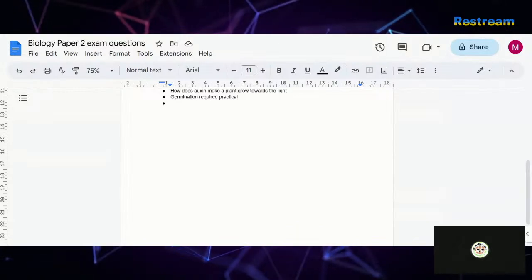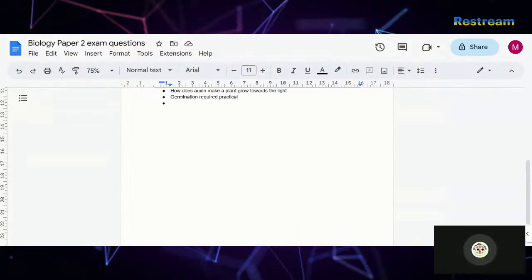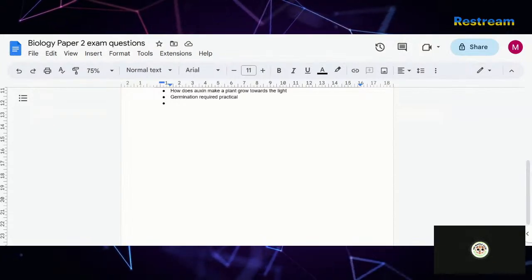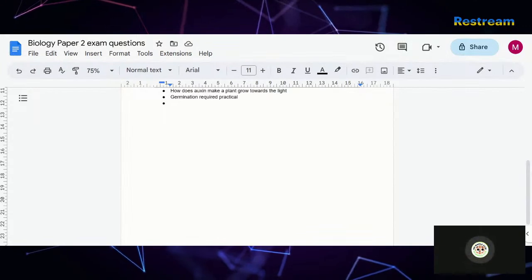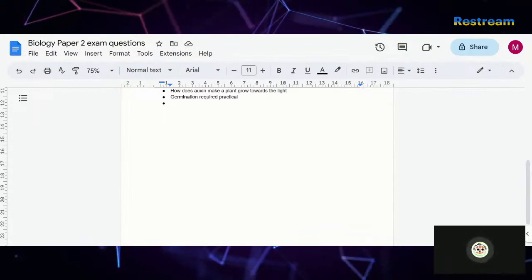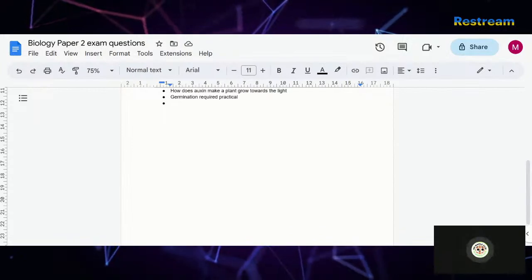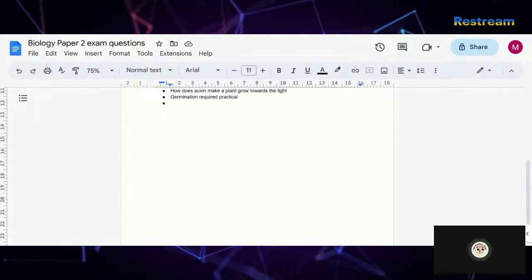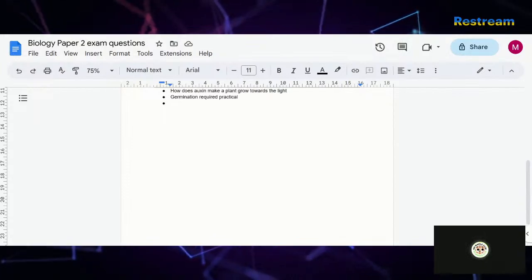So what you're going to do is, firstly, you can identify the different variables. But I always suggest doing this at the end because of the revision. When we revise, we've got dependent, independent, and control.